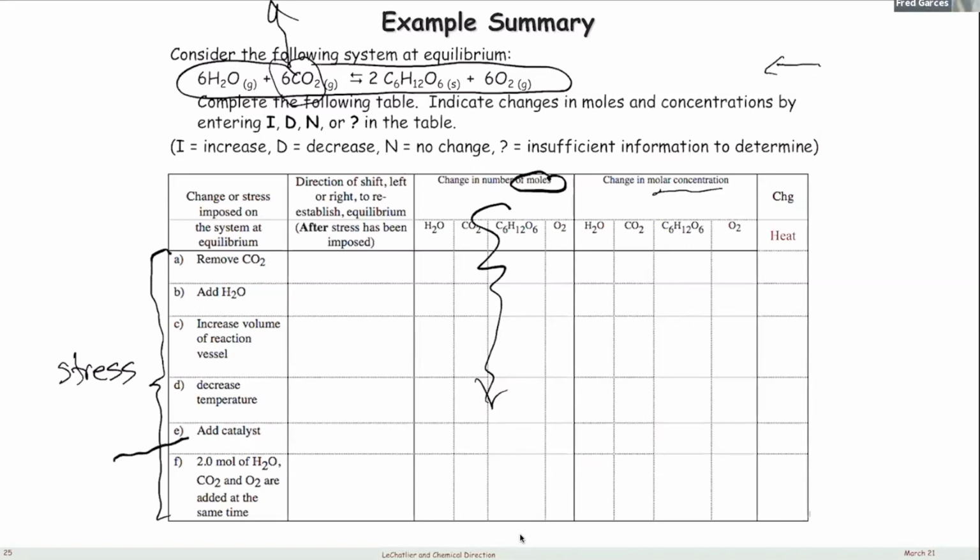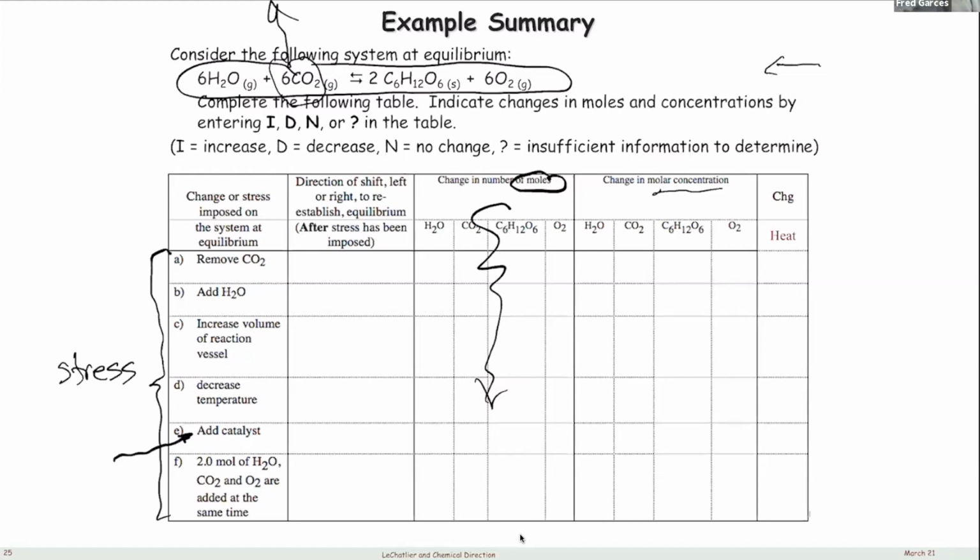You add more catalyst. When you add more catalyst, what's going to happen, of course, is that the reaction is just going to reach equilibrium faster. But because the catalyst is not in the mass action expression, it's not going to affect the equilibrium one way or the other.